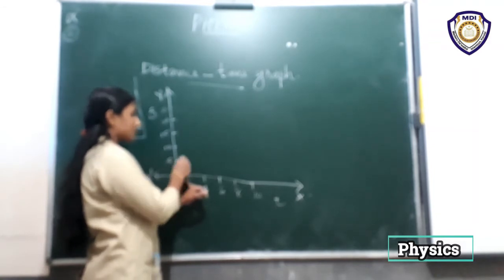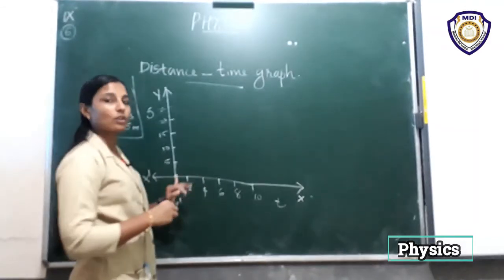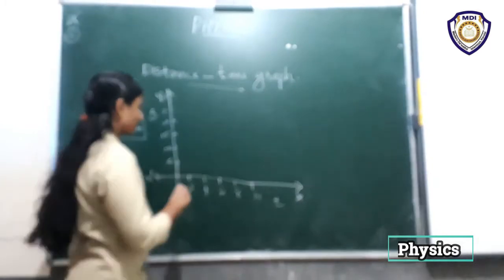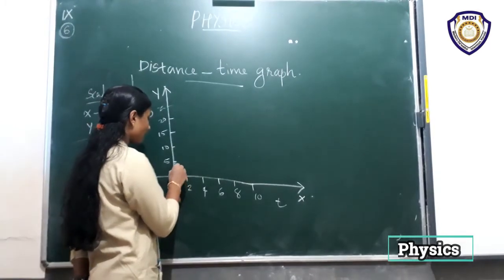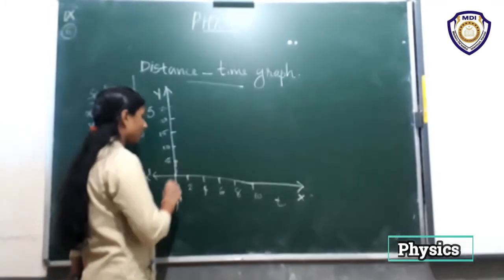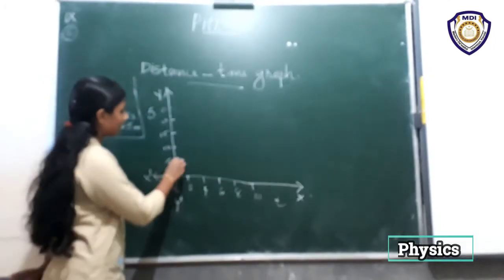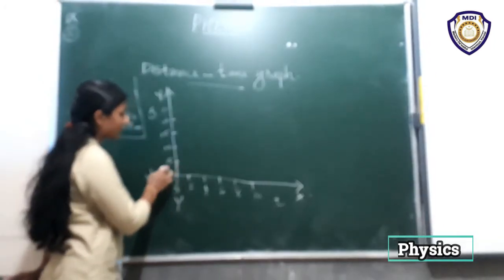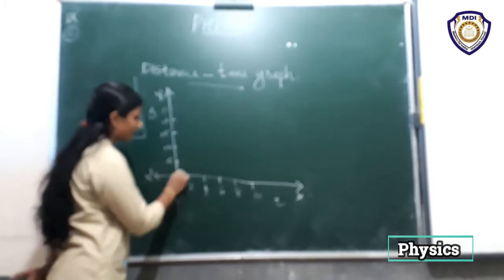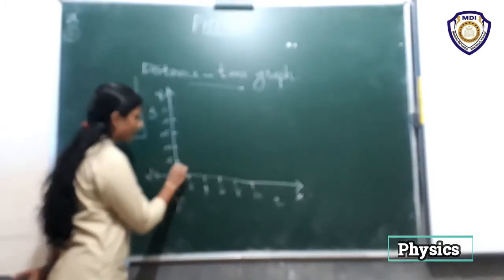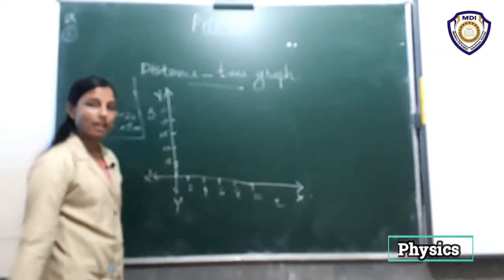Like that, 10 horizontal and 10 vertical lines are there. So each one will be here. It's 5 units. So 5 by 10 gives 0.5. Each line gives 0.5 meter distance, right?